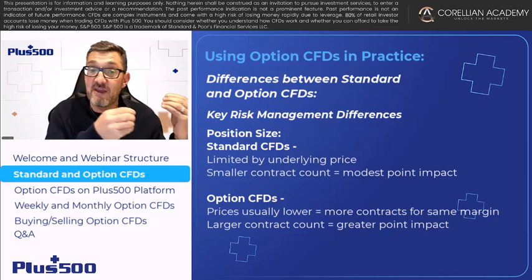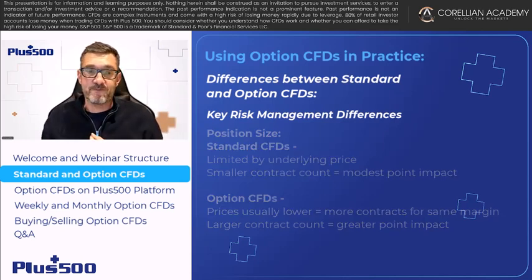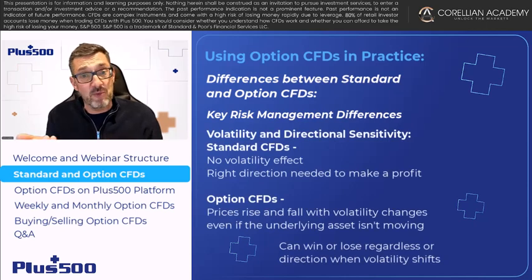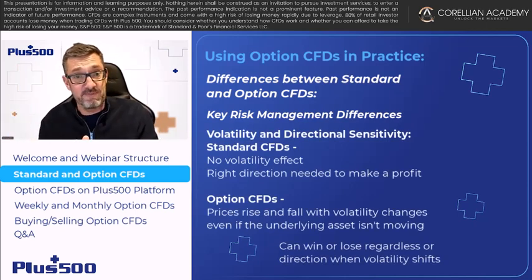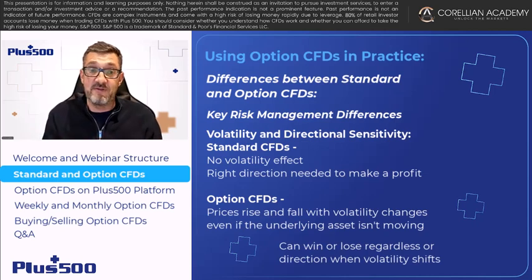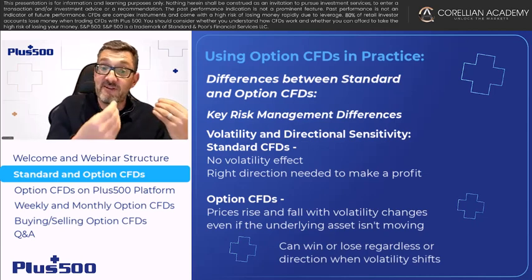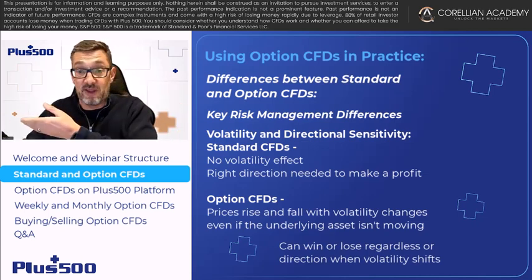And this is why option CFDs position sizing becomes so crucial. Standard CFDs don't have to account for volatility. If the underlying asset doesn't move, your CFD doesn't move. Option CFDs are different. Even if the underlying market stays completely flat, if volatility rises, the option premium can increase.